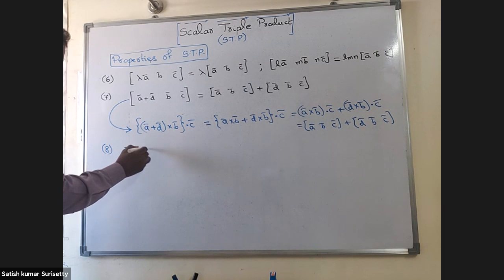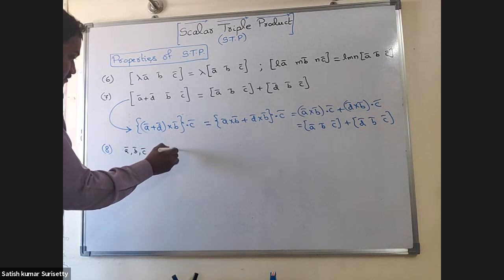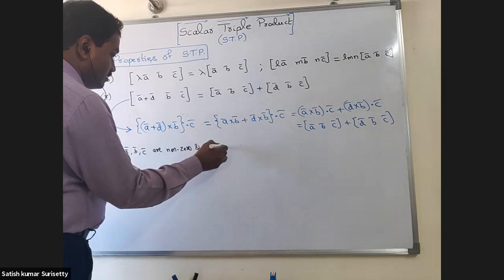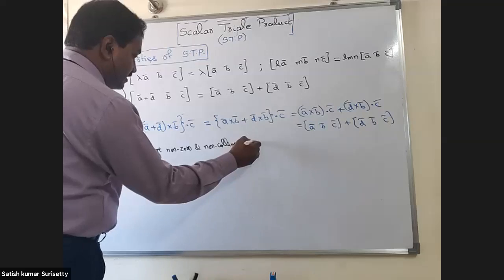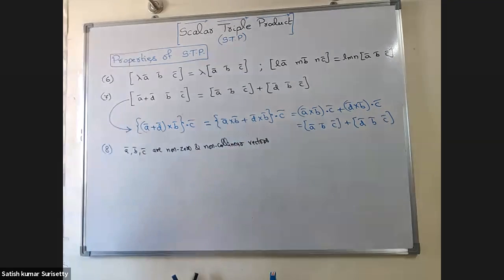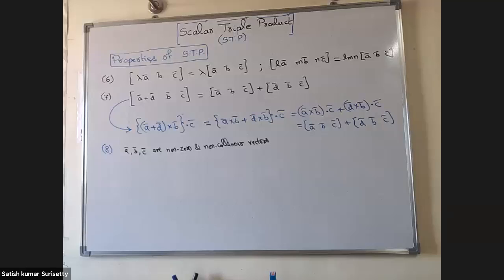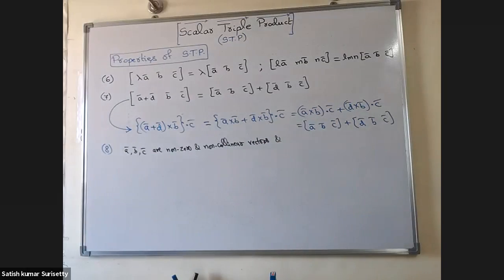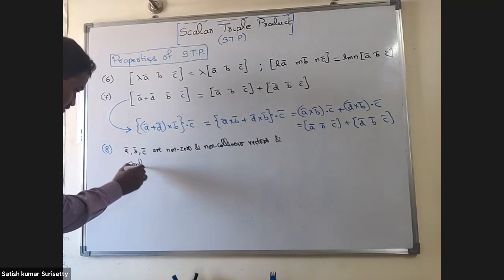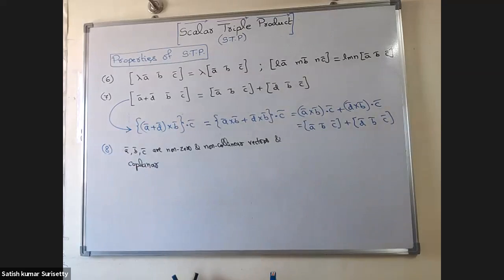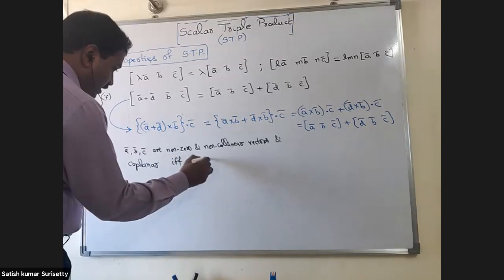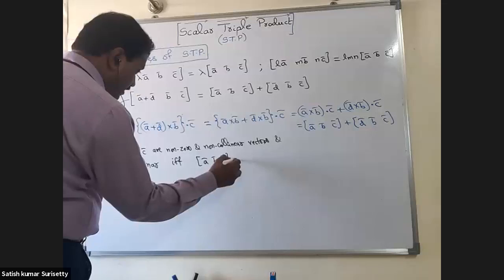A bar, B bar, C bar are non-zero and non-collinear vectors, and coplanar if and only if the scalar triple product of A bar, B bar, C bar equal to 0.